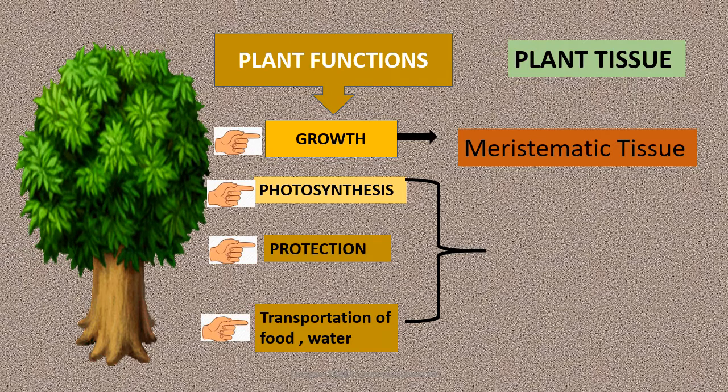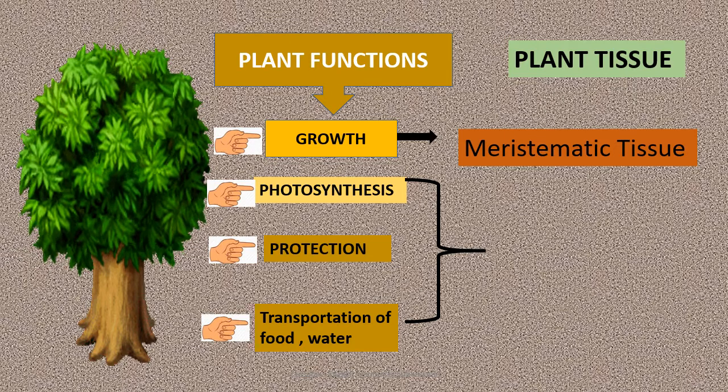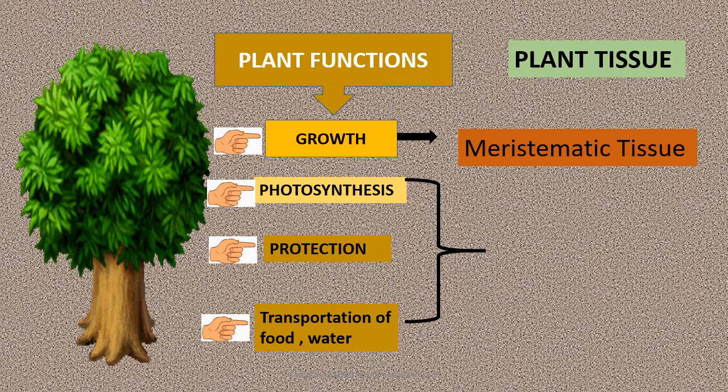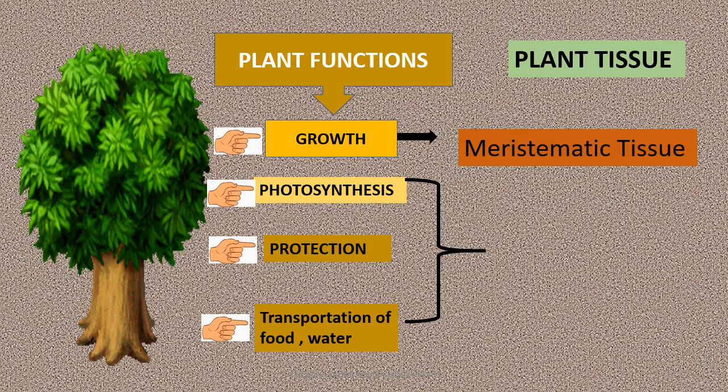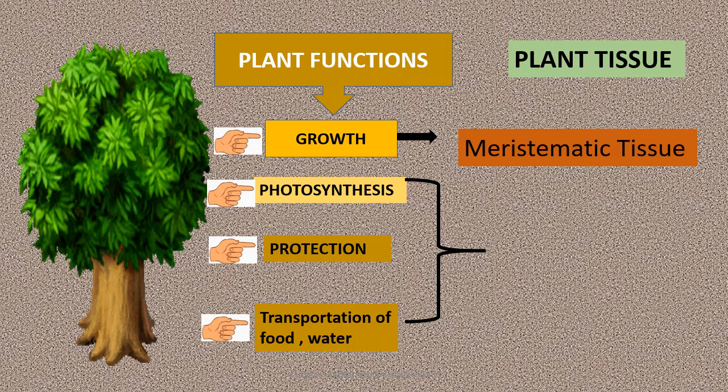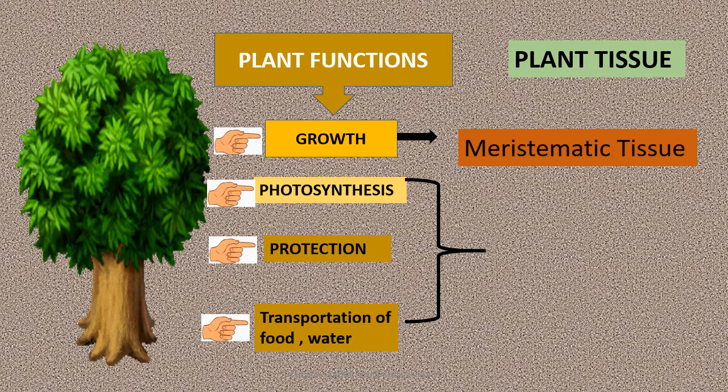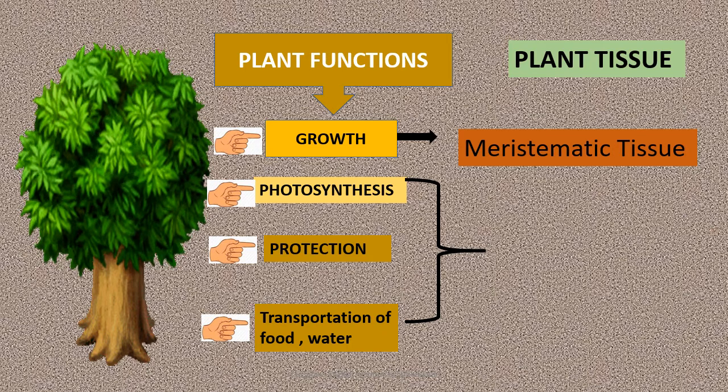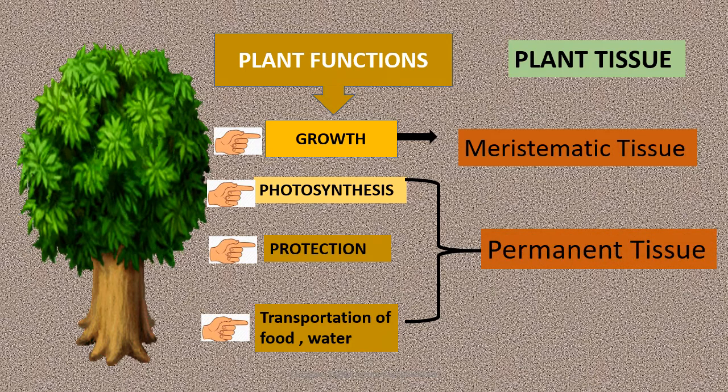The tissue associated with growth is meristematic tissue, and for photosynthesis, protection and transportation of food and water, the tissues associated are known as permanent tissues.